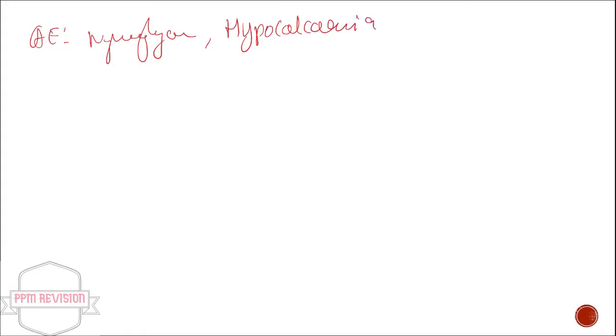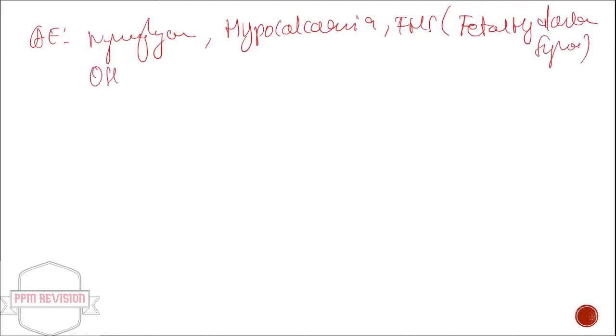let me just, I left with hyperglycemia, and because it's hyper, there's another hypo, that was hyper, this is hypo, so it's hypocalcemia. Next is FHS, this is nothing but fetal hydantoin syndrome, and there's also osteomalacia. Done.